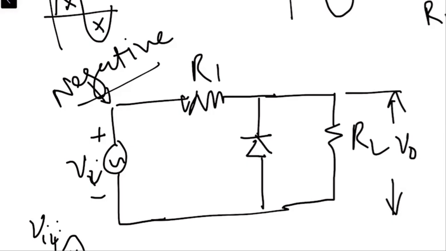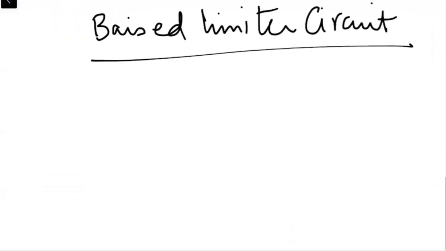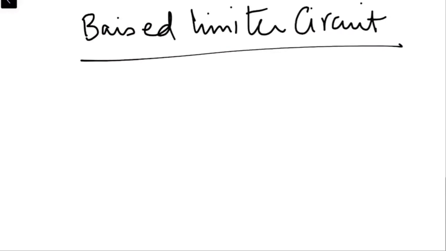Okay, now we have the circuit like this. We have a diode over here, and with the diode we are adding a DC source.